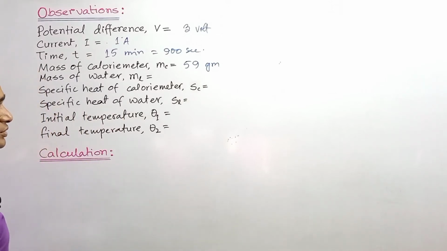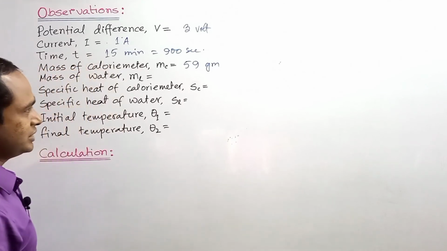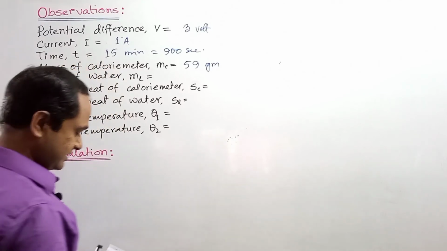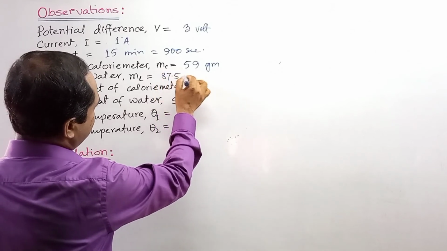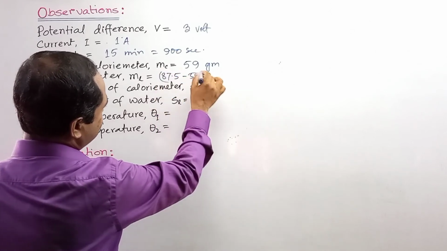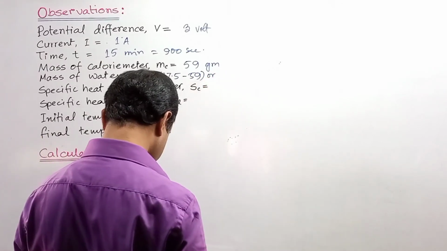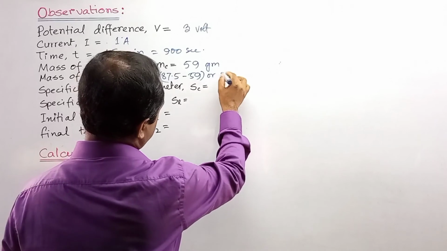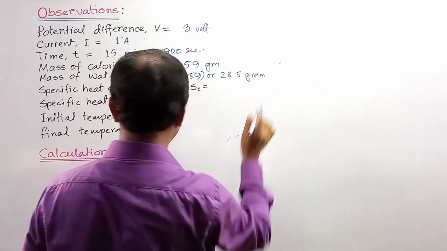The total mass of the calorimeter with water was 87.5 gram. So the mass of the liquid will be 87.5 minus 59, or 28.5 gram, right?